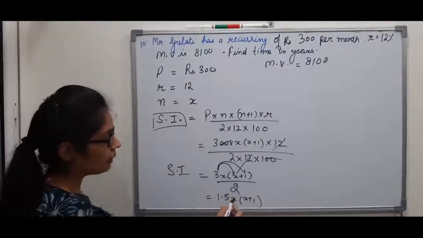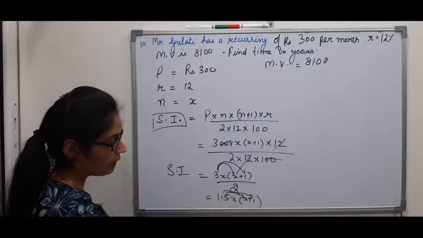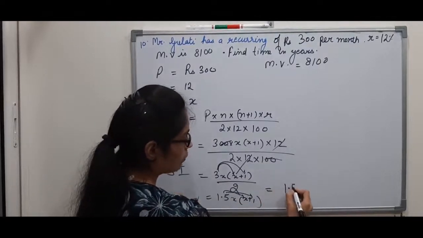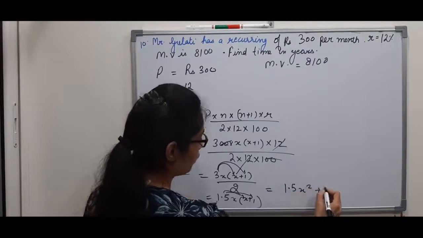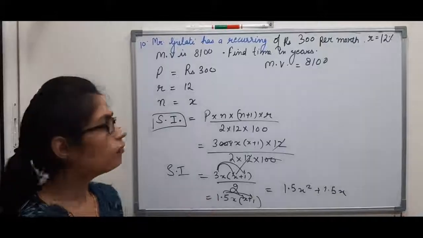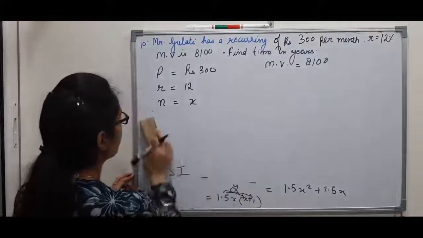Now I will do multiplication. This term will get multiplied with this also, and this term will get multiplied with this also. So now I will get simple interest as 1.5x square plus 1.5x. So this is the value of simple interest. Let's put this value in the maturity value.